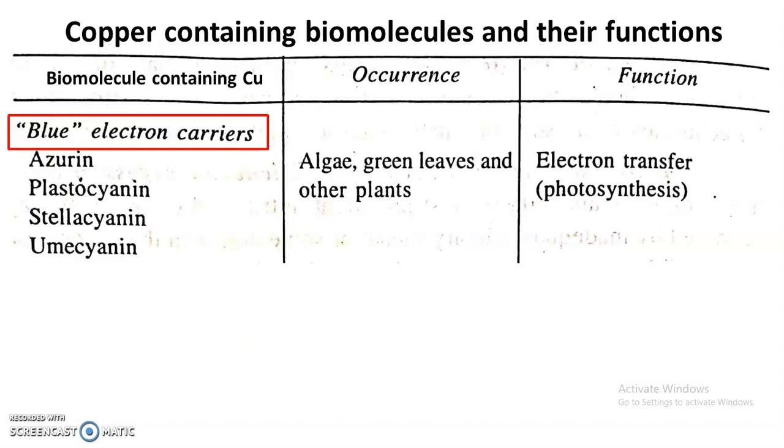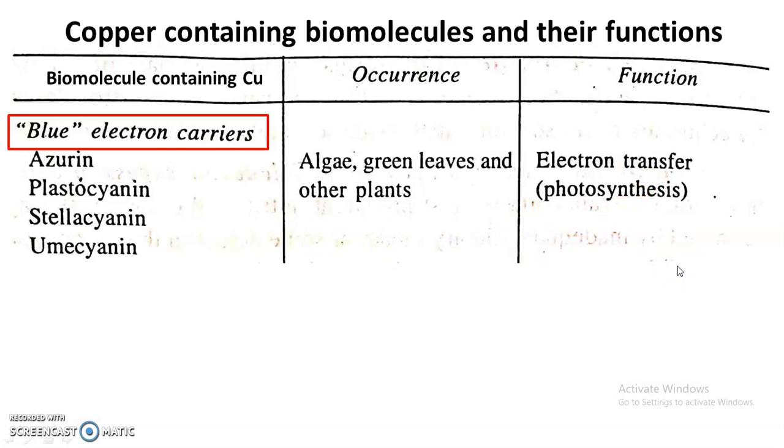First of all, the blue copper proteins: these are azurin, especially from bacteria, then stellacyanin from the lacquer tree, and plastocyanin. These blue electron carriers occur in algae, green leaves, and some other plants, and their main function is electron transfer during photosynthesis.